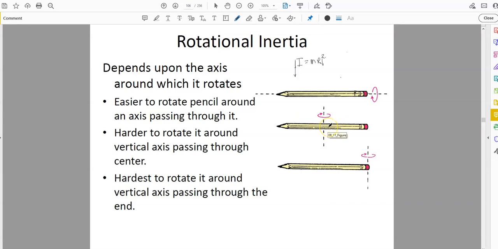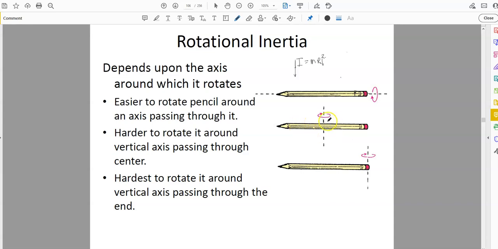So if you're spinning this one, it's really easy to spin and change it. Just wiggle your pencil around here. You'll notice that's really easy to change. Once you try to wiggle your pencil this way, where it's spinning around this axis right here, you'll notice that it's a little bit more difficult, right?